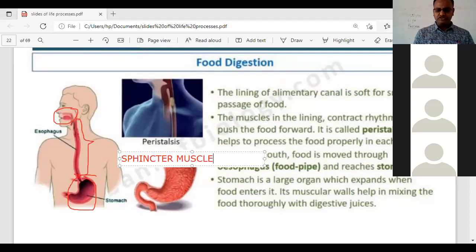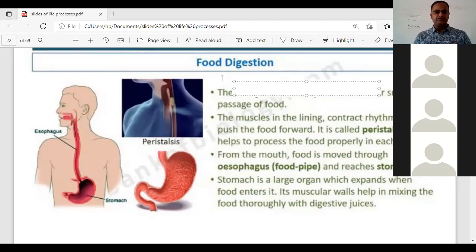I'm showing you this also with the help of a diagram, or with the help of a created image. If suppose this is our food pipe, okay.